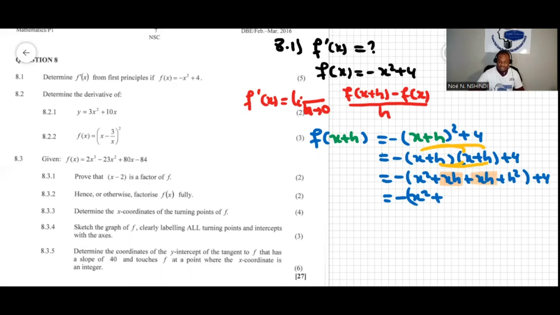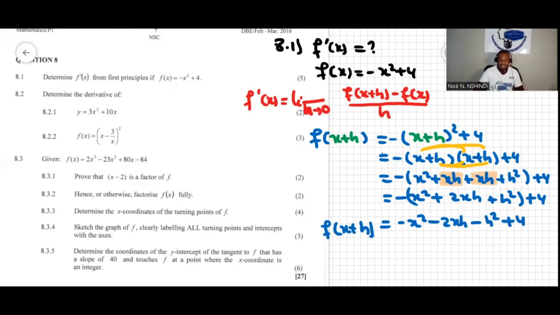These two make 2xh plus h squared plus 4. Now if I introduce the negative sign, that makes negative x squared minus 2xh minus h squared plus 4. Now this is f of x plus h.